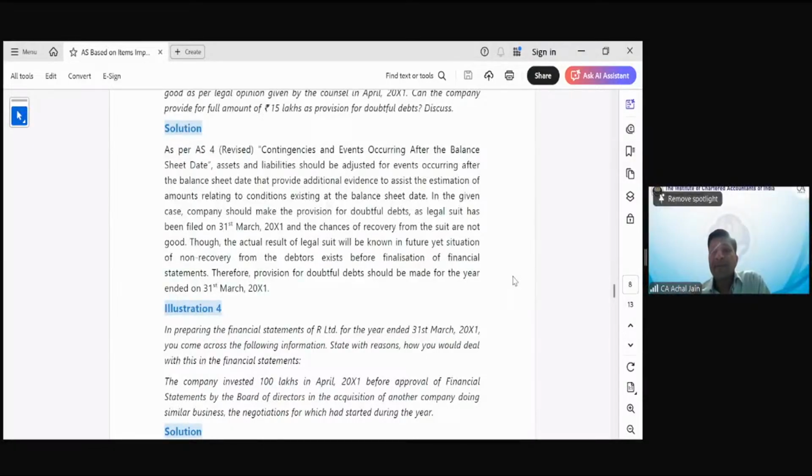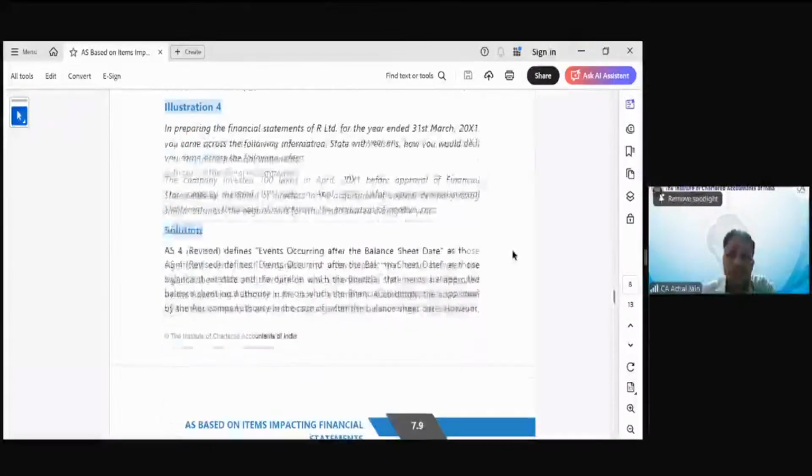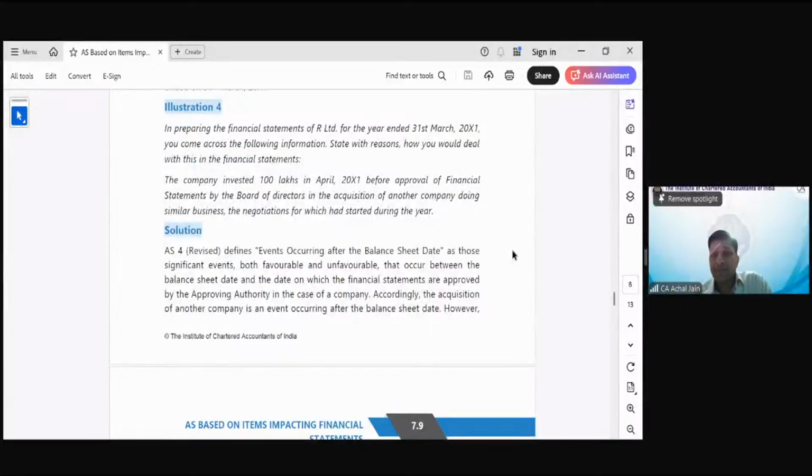Okay, no worries. I think Somya had this answer for the previous one. Devu, Harshda, they are saying non-adjusting. Okay. So this is an event which is taking place after the balance sheet date. What is the event? Investment means acquisition of the business.